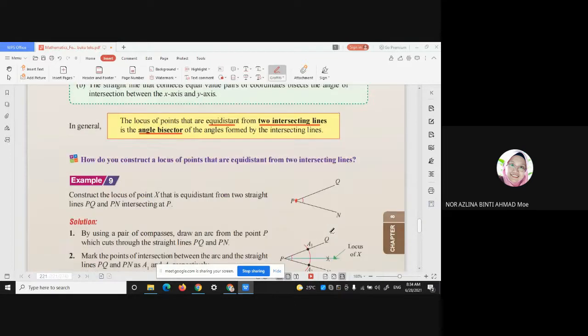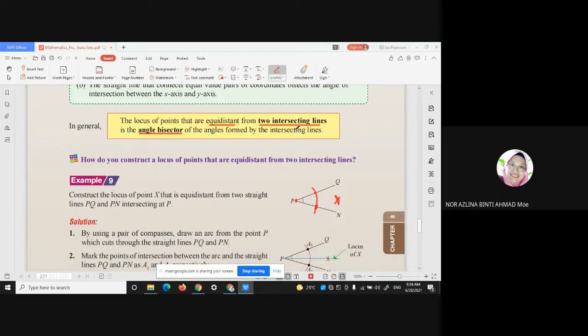So the steps: you draw the curve using compasses, cutting PQ and PN. From this point, you draw the curve. And from this point also, you draw a curve. From here, this curve. From here, this curve.